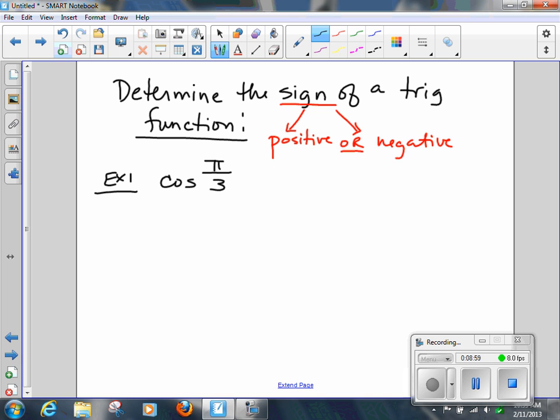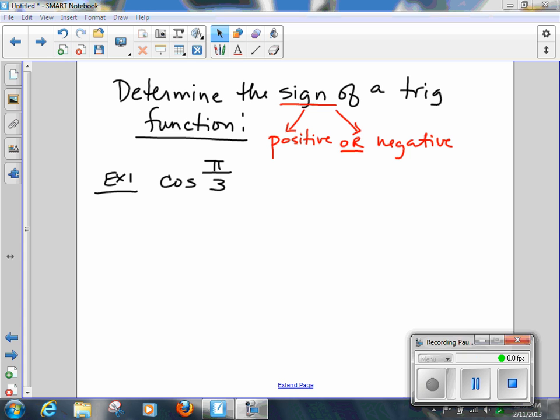I want you to tell me the sign of the cosine value of pi over 3. Think about it. Don't say anything out loud. Just think about it. Approach this problem. We all might approach this problem a different way. Of course, for me, what do you know I'm going to do? I'm going to draw a picture.